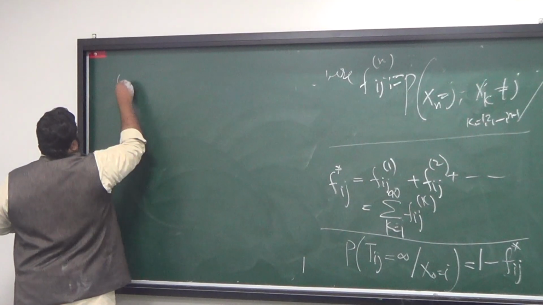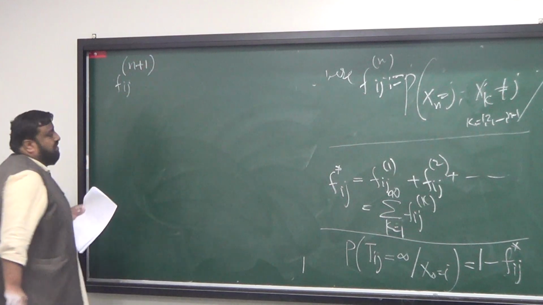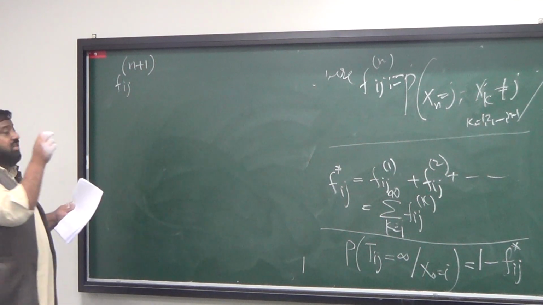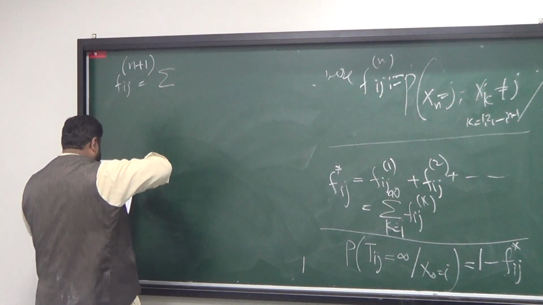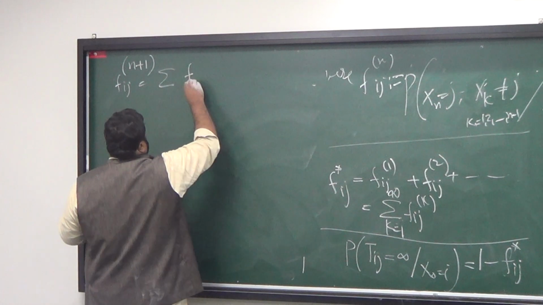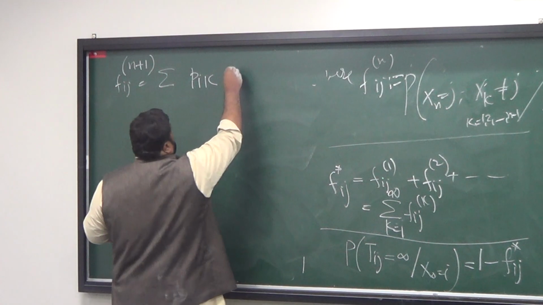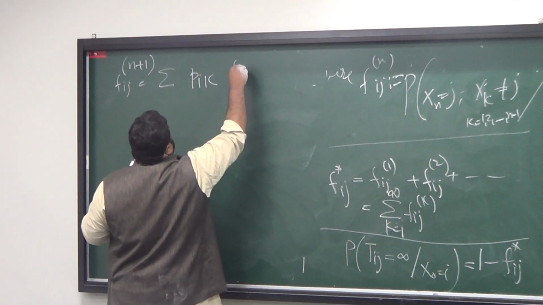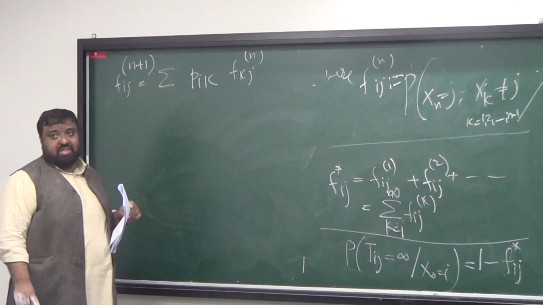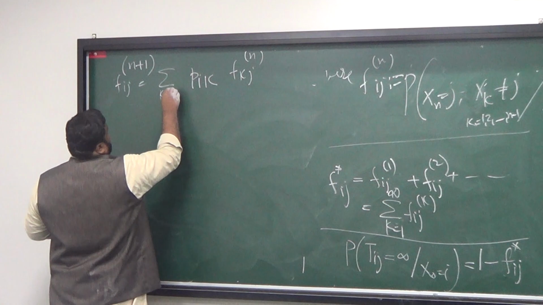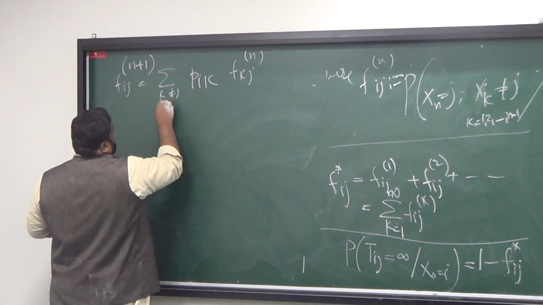I've shown that if you want to reach from i to j for the first time in n plus 1 steps, you can do it by going from i to k in one step and going from k to j in the rest of the n steps for the first time, where k is obviously not j, the sum is over k, and k leads to j.